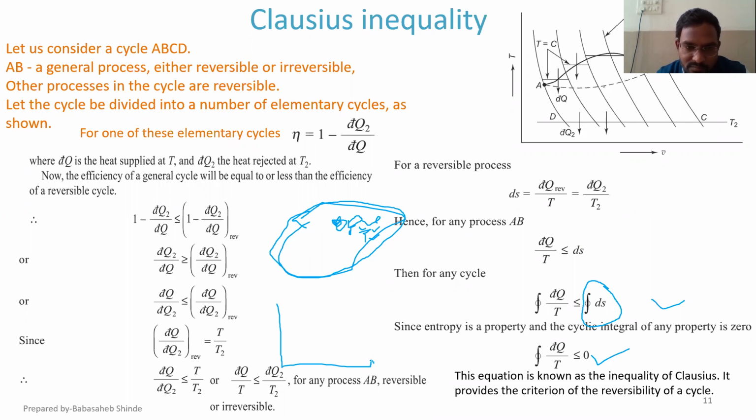Suppose I say it is a property of the system, why does the cyclic integral become 0?